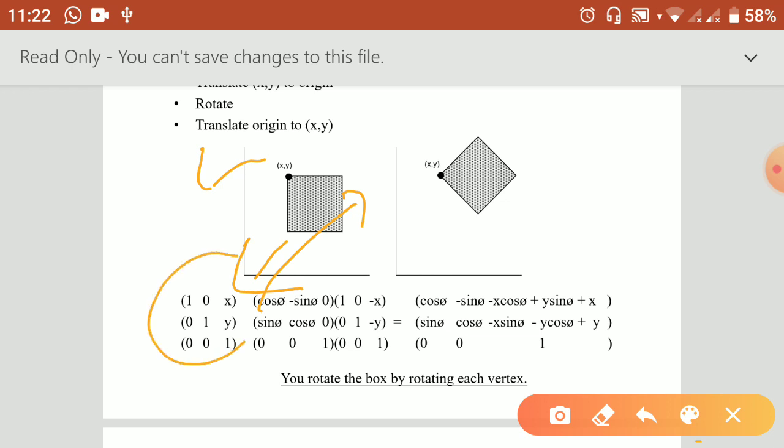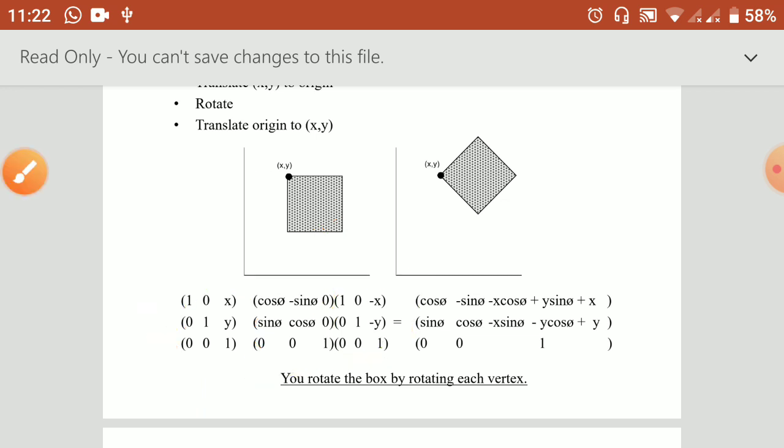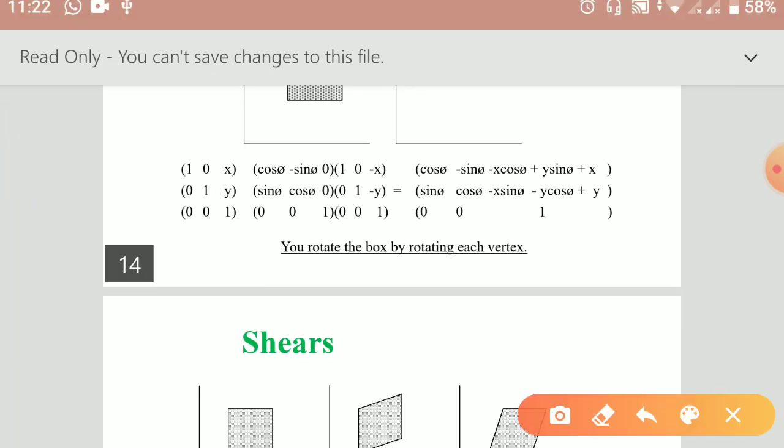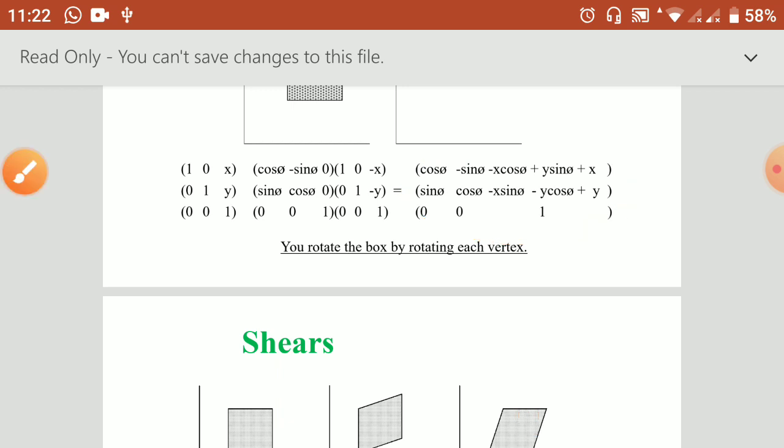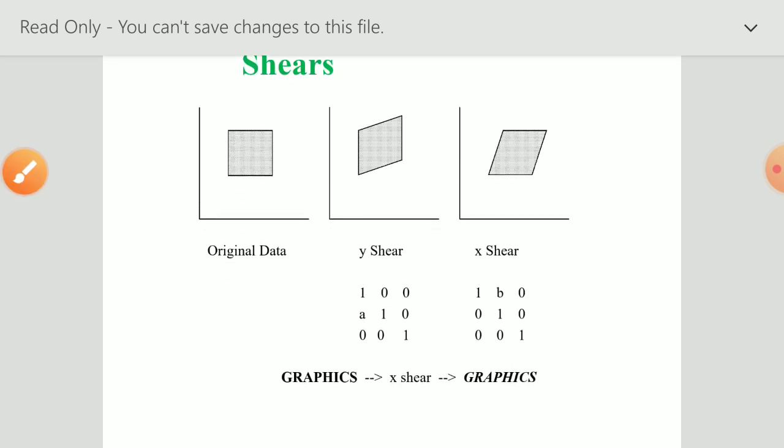First we translate towards the origin, then the rotation matrix, so at the origin we rotate this square, then we inverse translate it to its original position. When we multiply all these three matrices, we get this resultant matrix, and we need to multiply it with the coordinates given in the question. We will see that with a numerical.